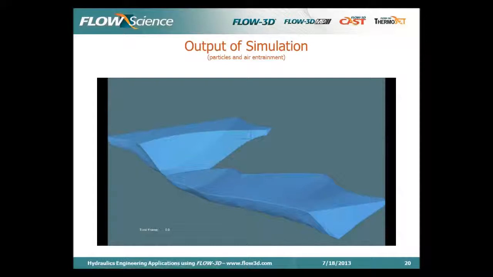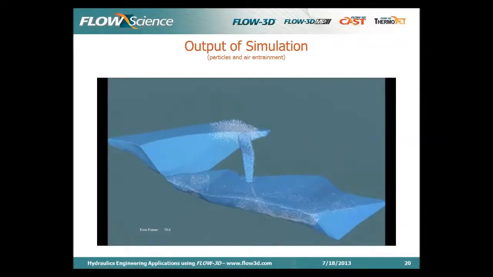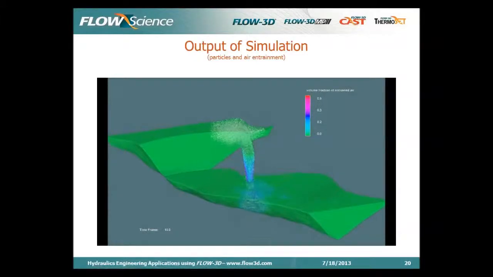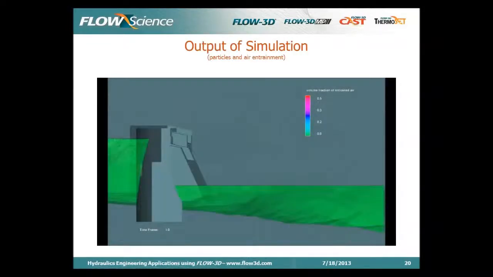So not just the free surface, but what's going on underneath. The color here shows the volume fraction of entrained air.